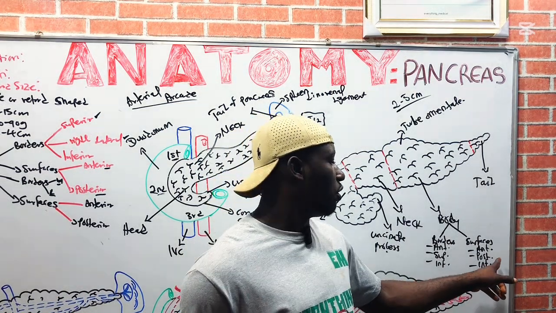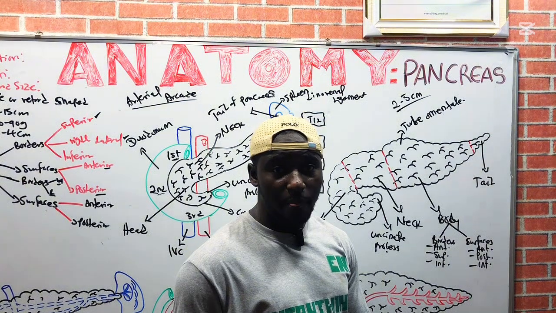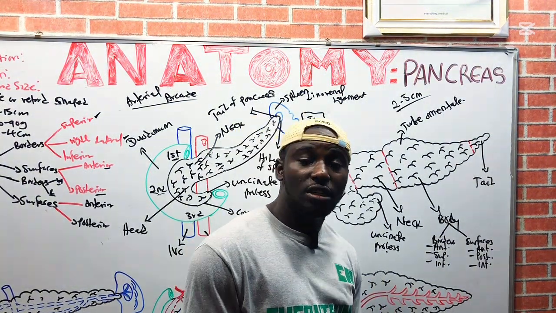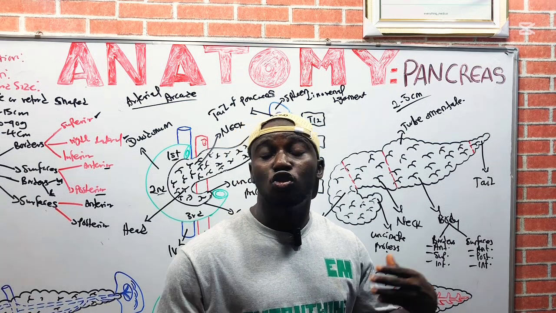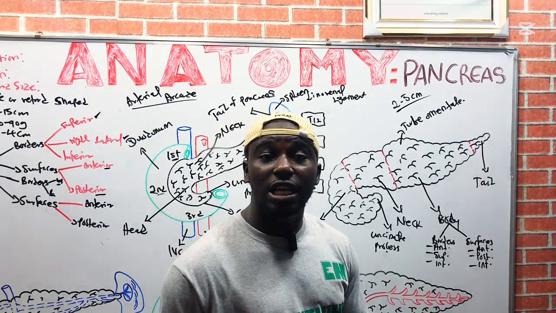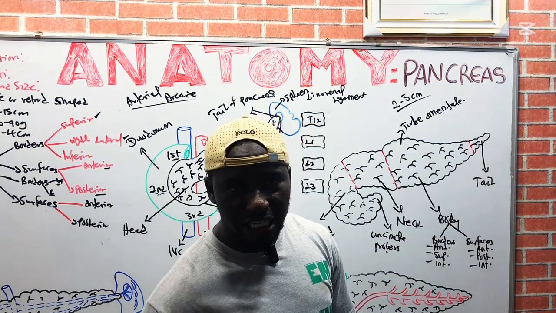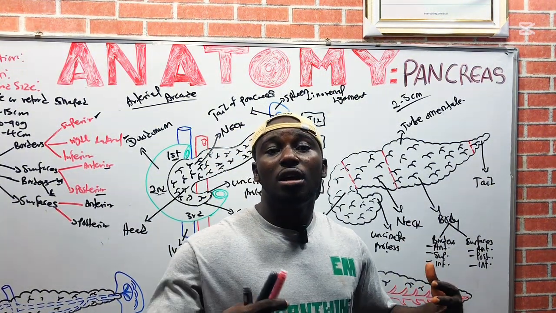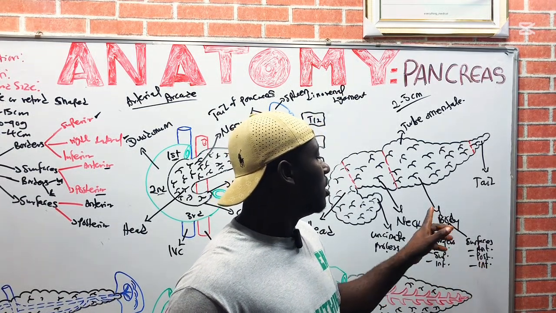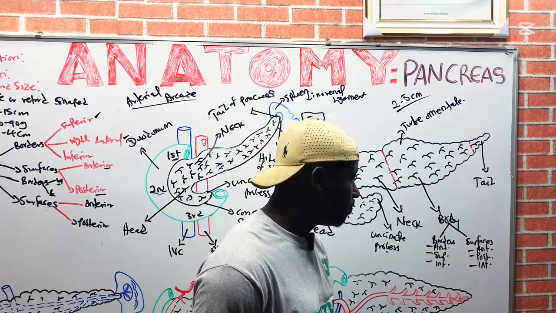While the posterior surface is related to the aorta and the origin of the superior mesenteric vessel. It is also related to the left kidney and the left suprarenal gland. It is also related to the splenic vein, which courses along the splenic artery. So that is how the relation of the surfaces of the body of the pancreas is fashioned.